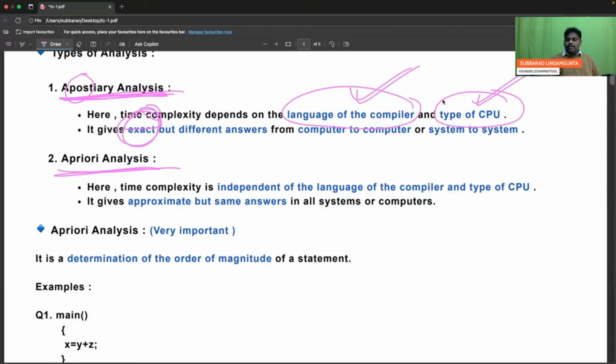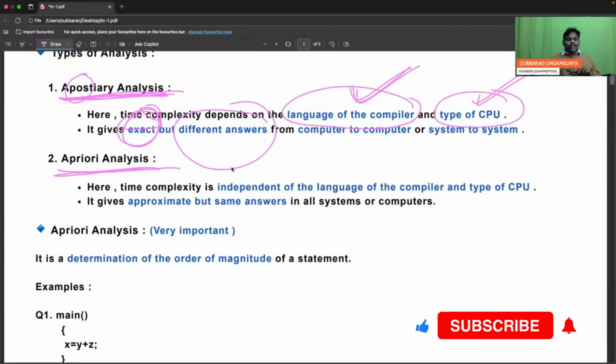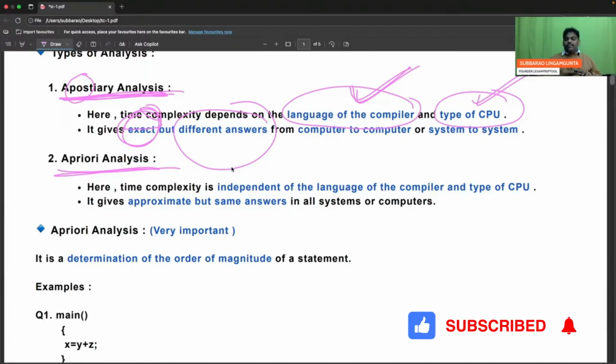But the drawback is that real things are changing, so time complexity will also change. System to system, computer to computer, a different answer will come. If you run the program on an M5, one time complexity will come; on some other system, another will come. So in posterior analysis, we are taking real things into consideration.